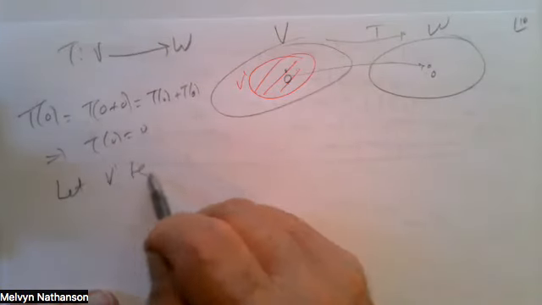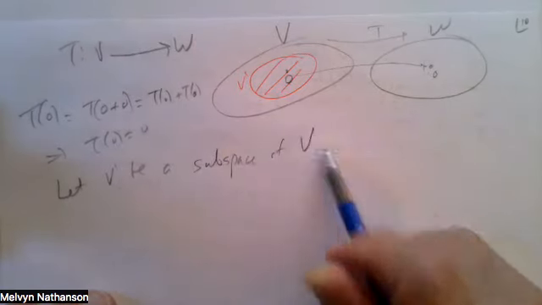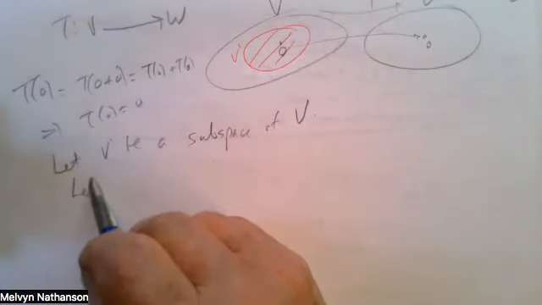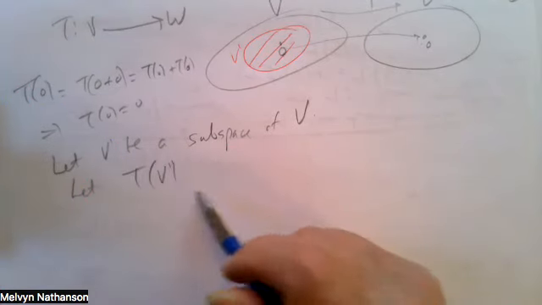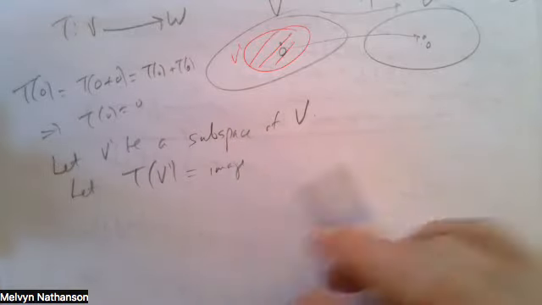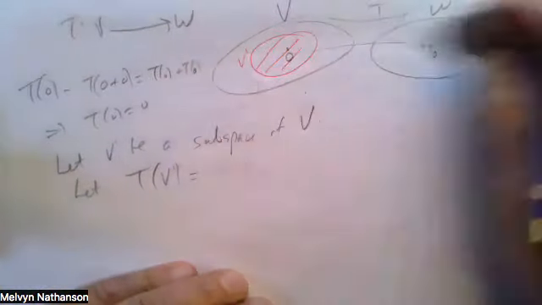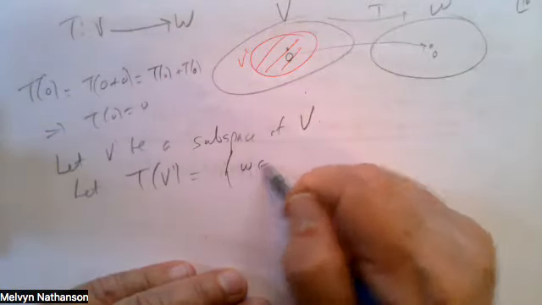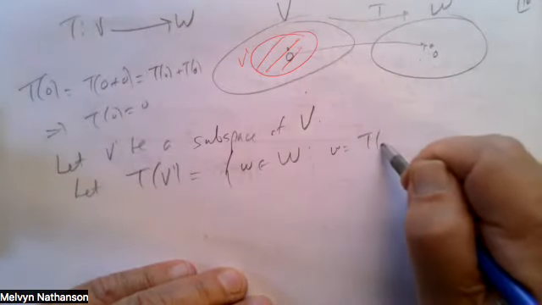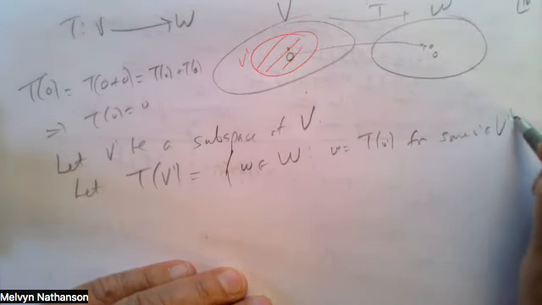So let V prime be a subspace of V. And let T of V prime be the set of all vectors w in W such that w equals T of little v prime for some v prime in the subspace.